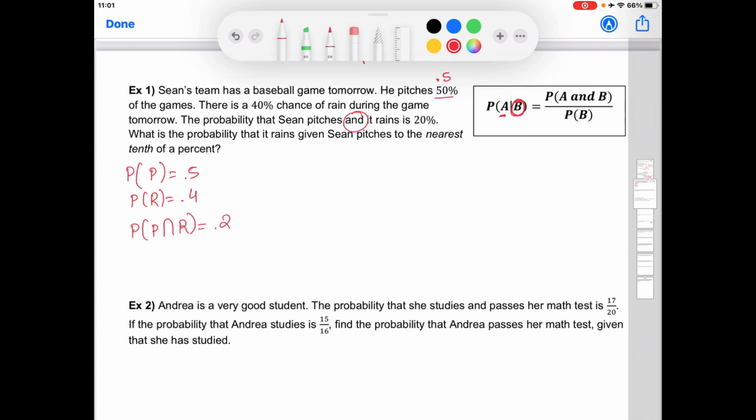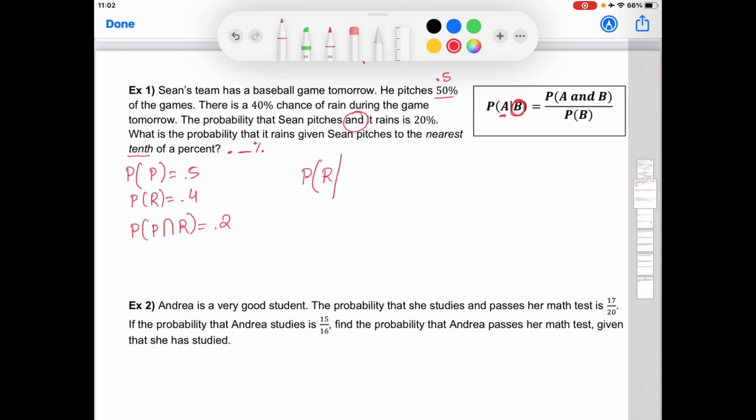What is the probability that it rains given Sean pitches, to the nearest tenth of a percent? So again, we're going to round our answer to one decimal place. Okay, and my final answer is going to be a percent. So that's something we'll talk about later, but right now look at what is given. We're going to set up the rule. It's asking me what's the probability that it rains, given, so for given we put that line.